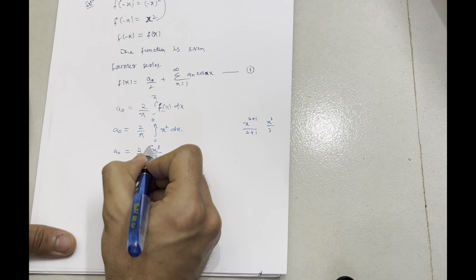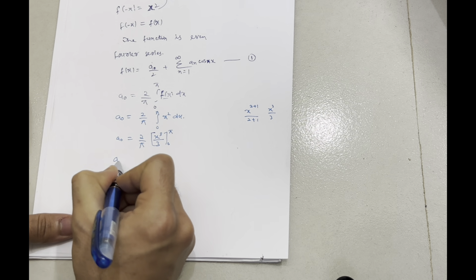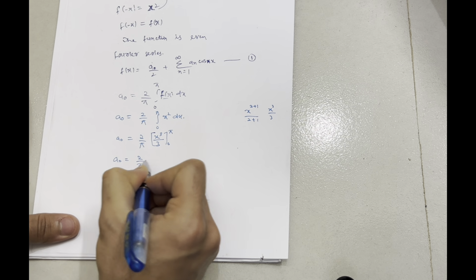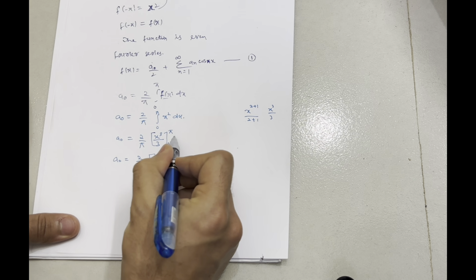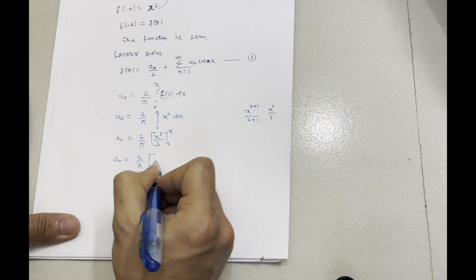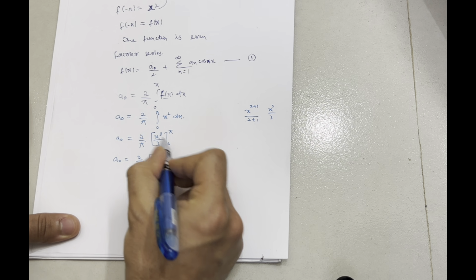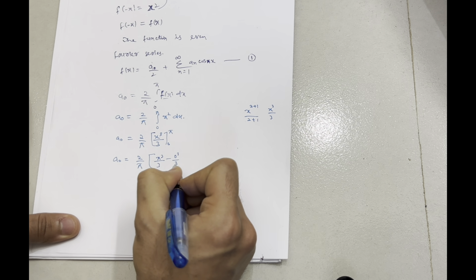So x cube by 3, the limits are from 0 to pi, right? So a naught is equal to 2 upon pi. Now applying the upper limit and lower limit, instead of x you take the upper limit, that is pi cube divided by 3, minus the lower limit, 0 cube divided by 3.